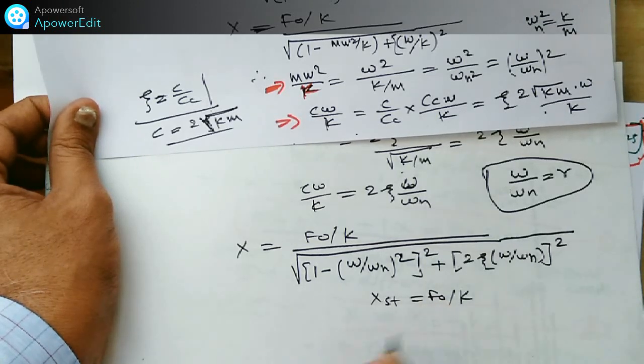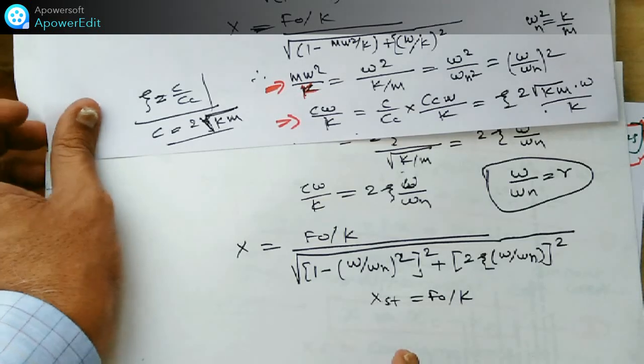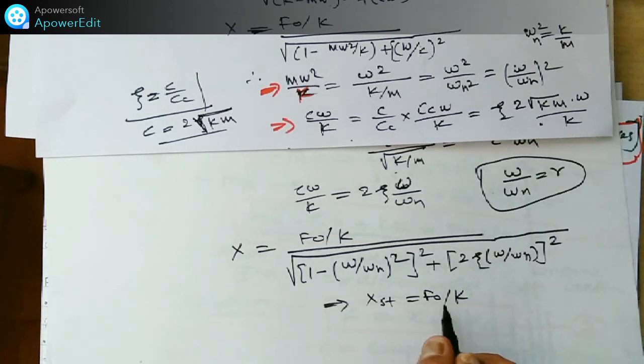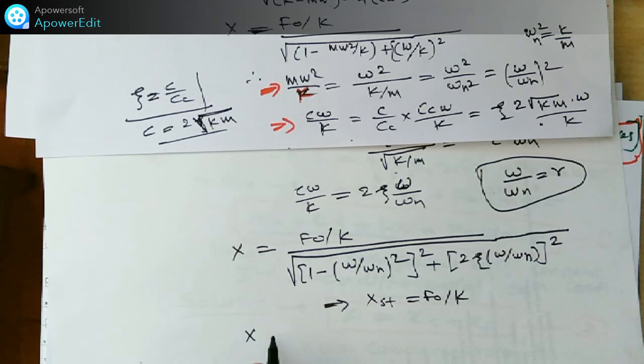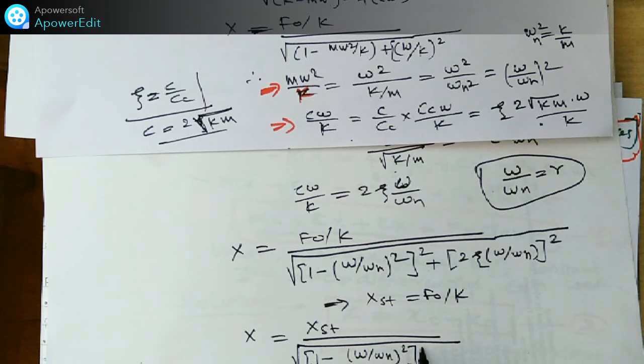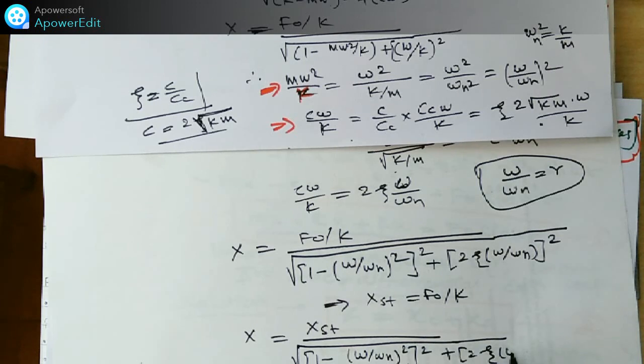We can write x is equal to xst upon the total term, under root of 1 minus omega by omega n square, plus twice zeta omega by omega n square.